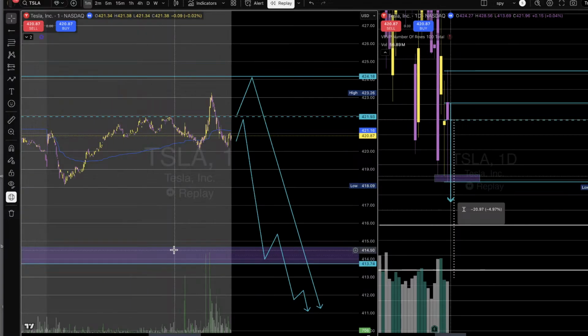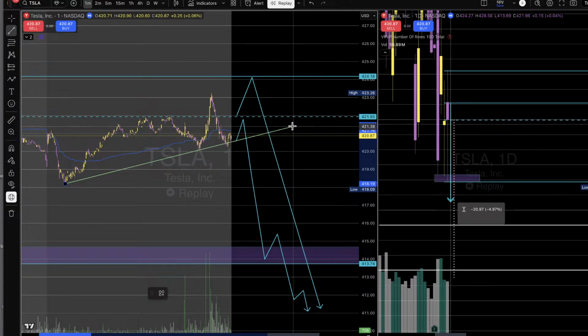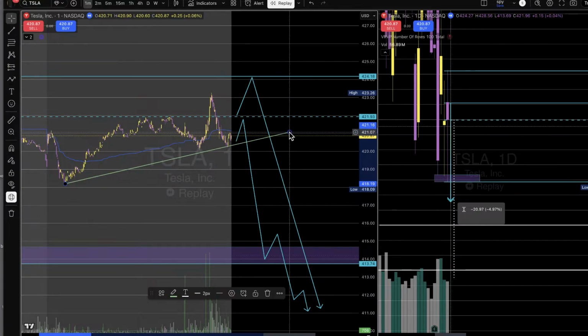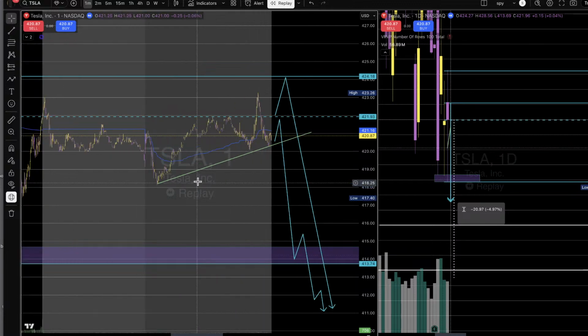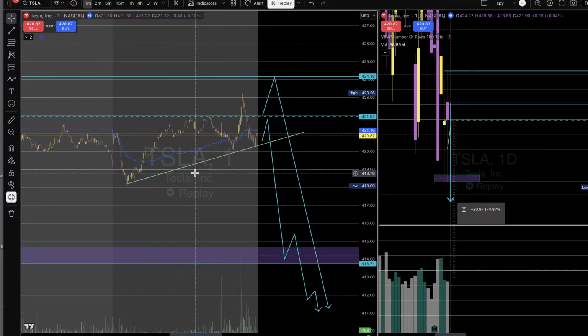Pre-market wise, well, we got this kind of going on, or we could try this. What's a real pivot? This is a real pivot, and this is also a real pivot. I'm gonna go with this one. Yeah, go with that one.